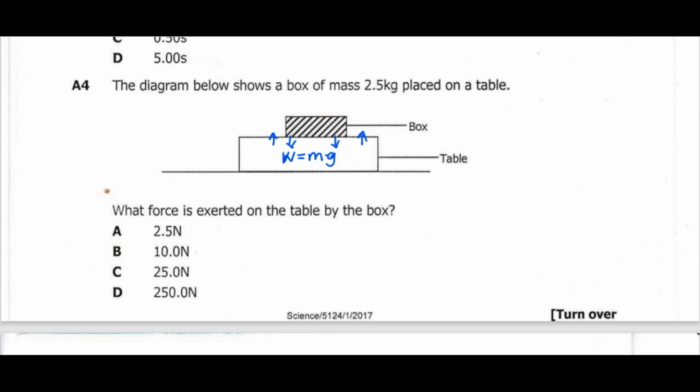So here, whenever we want to find the weight that is acting toward gravity, we just have to find weight is equal to mass multiplied by gravity. The mass is given and it's in kg.